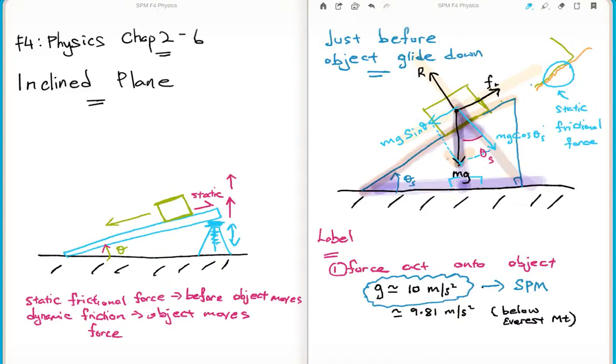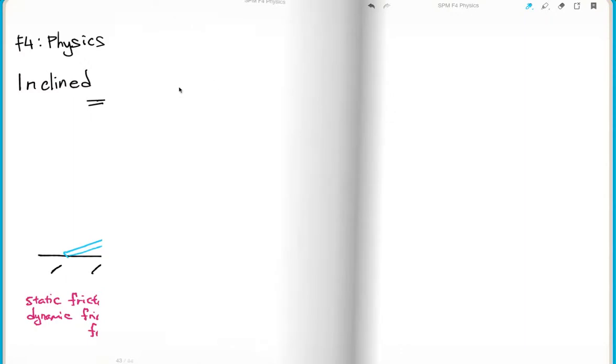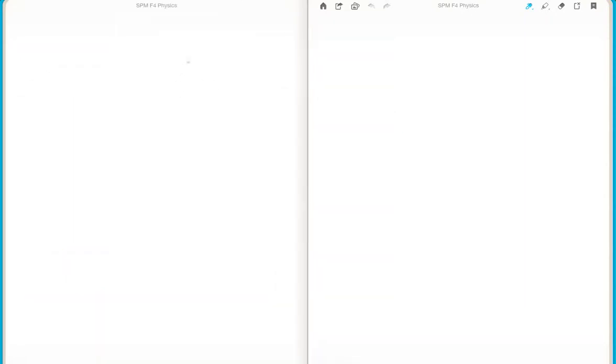So what you will normally see is that when this object is going down the hill at constant velocity, for case 1, we'll talk about constant velocity.